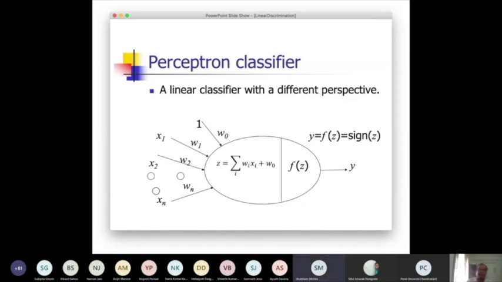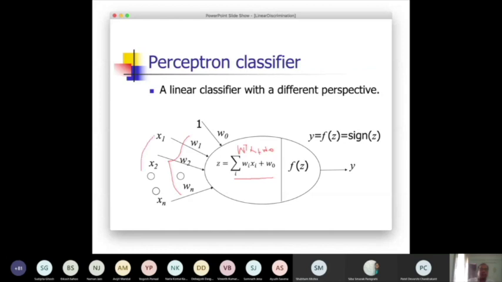This computation is nothing but W transpose X plus W naught, where W consists of the weight vectors. So the model is like a neural model.